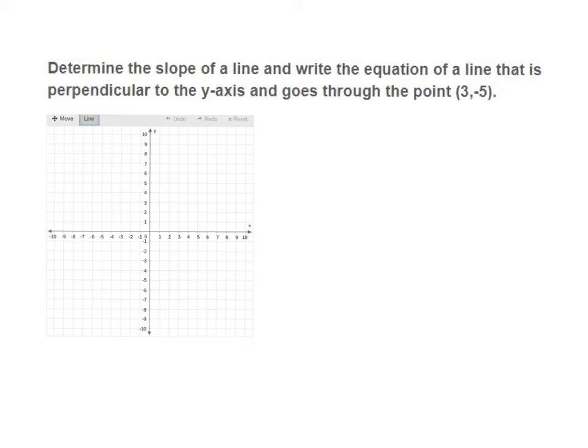So again, on this one, we're going to end up with a horizontal line, all right? Because if it's going to be perpendicular to the y-axis, then it's got to be the opposite. So instead of a vertical, it's going to be a horizontal line.